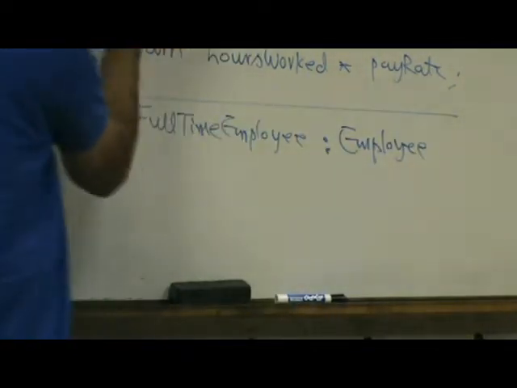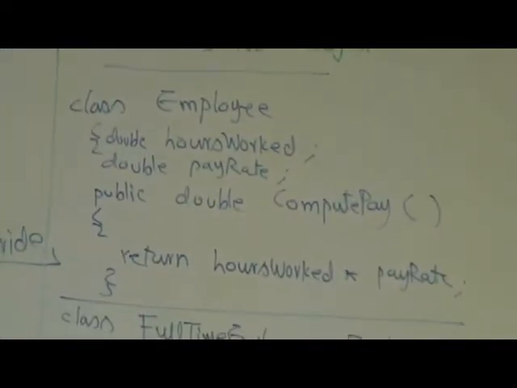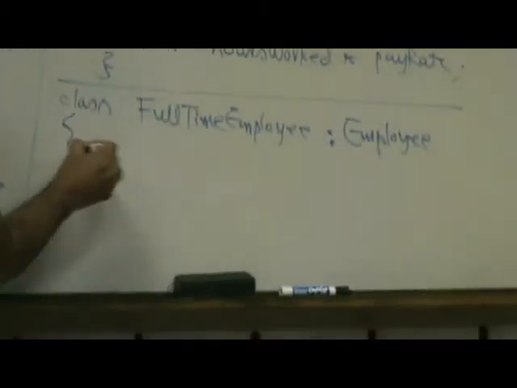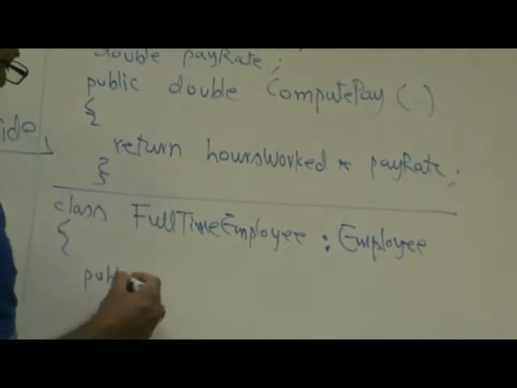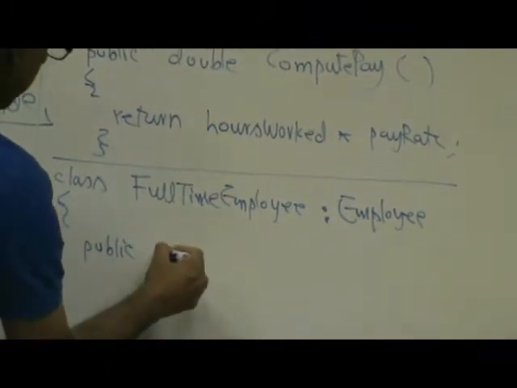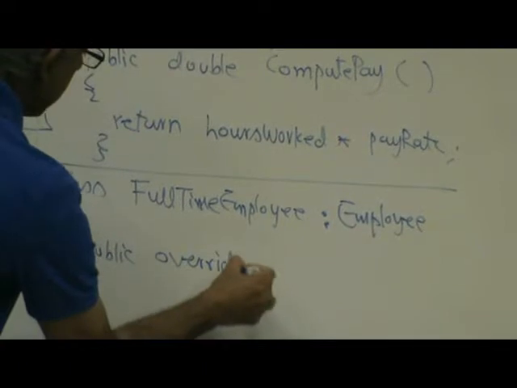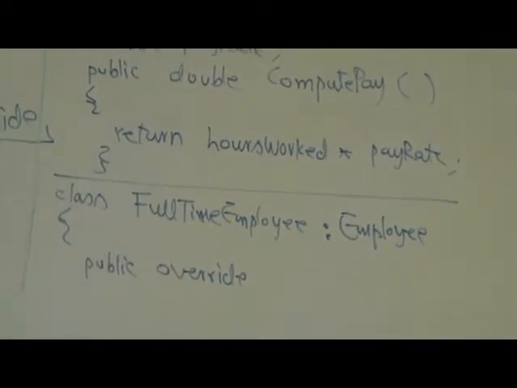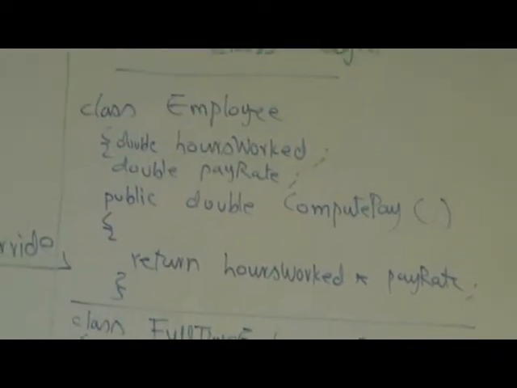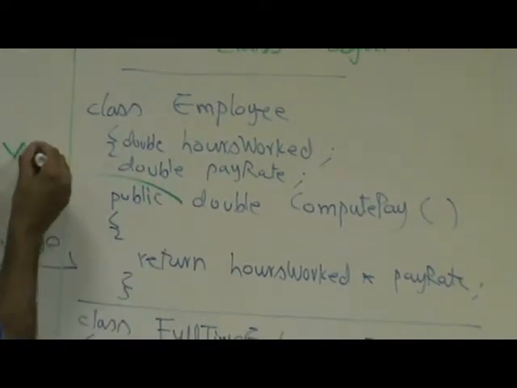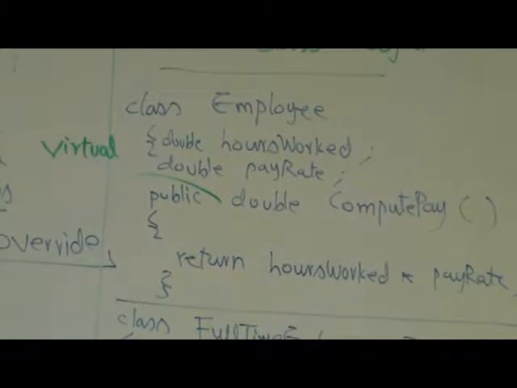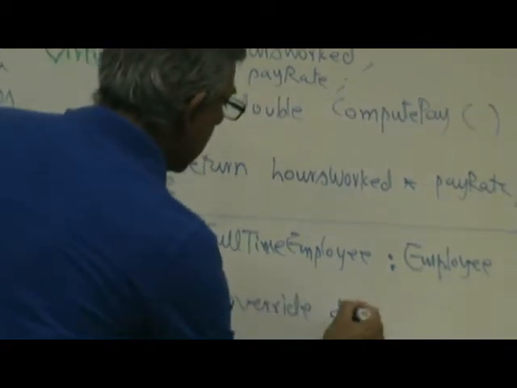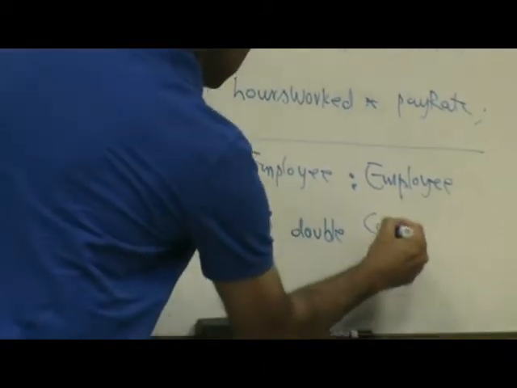So that means the hours worked and pay rate are still available to us, right? And so over here, suppose we override. So public override. And if we are overriding, what does that mean? How should this be declared over here? Virtual. Okay. So anyway, public override double ComputePay.